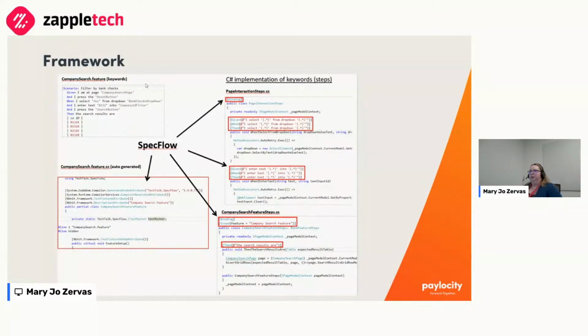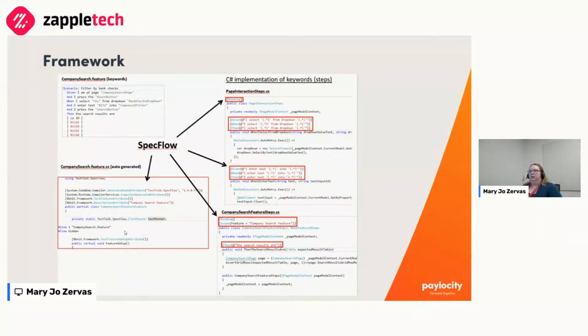So here's your feature up here. Here are the keywords that you have written. And when you put in these specific syntaxes that you're binding them, you're given when then, a scope, then SpecFlow takes all that and auto-generates a feature.cs file that ties all that together with its framework.